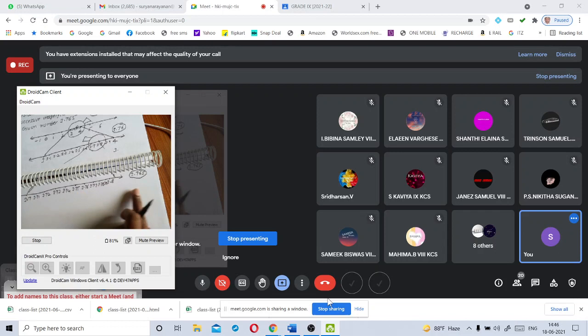After that, again write the whole number part and the first three decimal places: 3.765. Now we have to identify between which numbers this number lies on this number line.